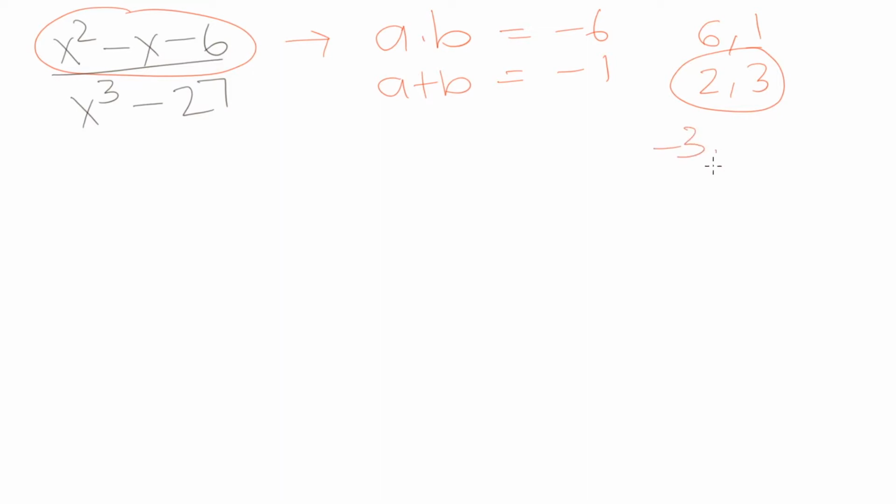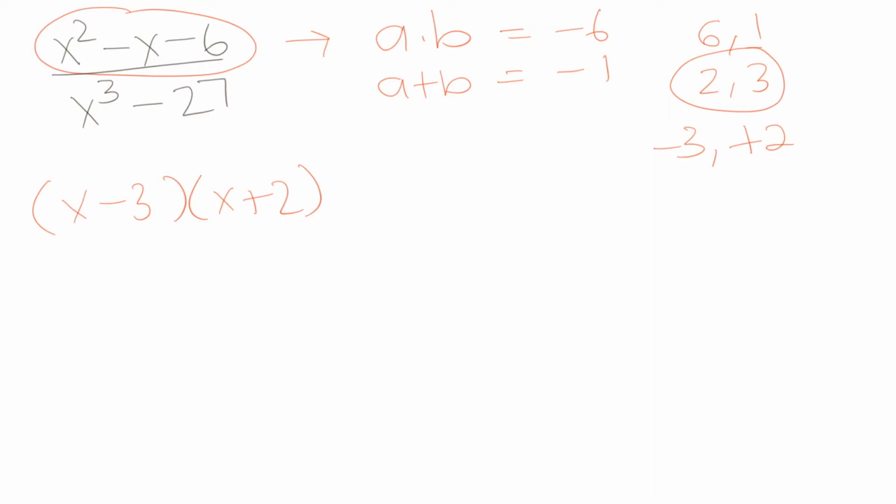So negative 3 and plus 2 are going to be our two numbers. And negative 3 multiplied by 2 will give us negative 6, and negative 3 plus 2 will give us negative 1. So we can factor out our numerator as x minus 3 and x plus 2.